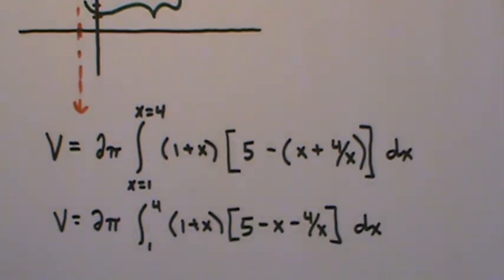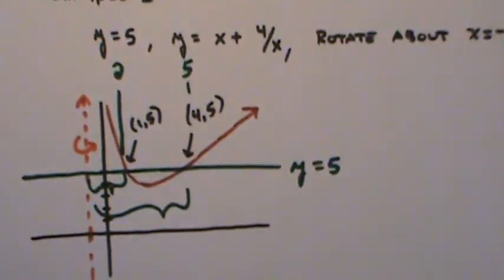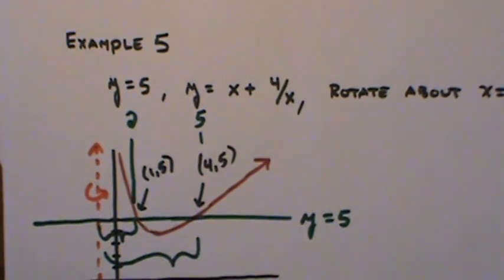I'm looking at where it starts and where it ends and determining that length, making sure that length jives with my picture. So now we have 5 examples, and hopefully this now makes everything a little more understandable with how to do the shell method for solids of revolution.